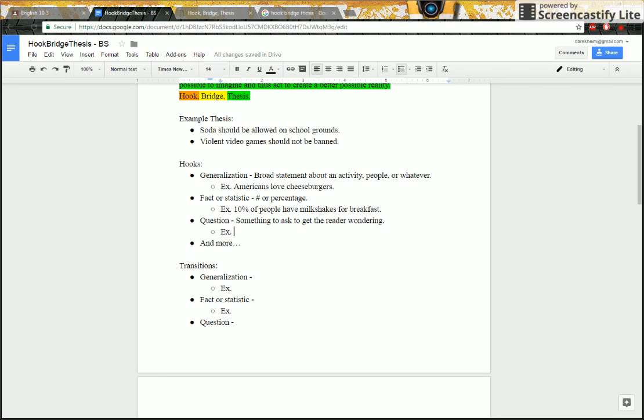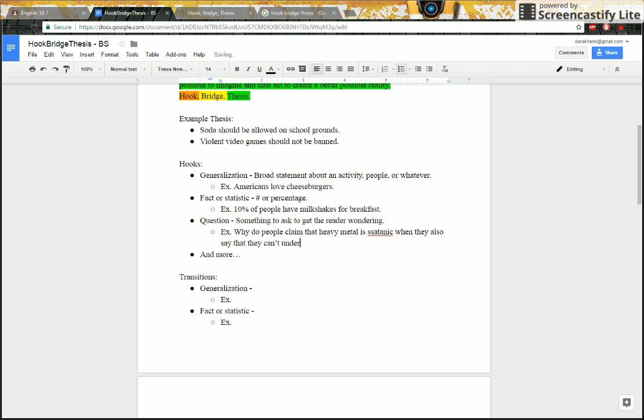Why is this thing the way that it is? A good example of this one is, why do people claim that heavy metal is satanic? Spelling mistake, sorry. And they also say that they can't understand the vocals.